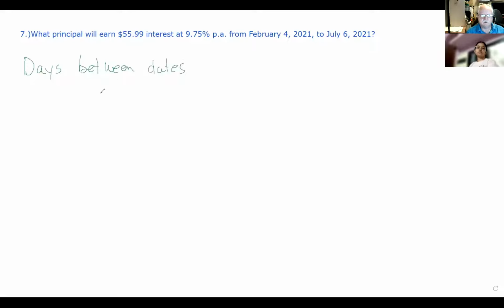We can do this using a table, which is functional, but not the easiest way to do it. We can do it using the BA II Plus, or we can do it using Excel. So first off, let's use the BA II Plus.